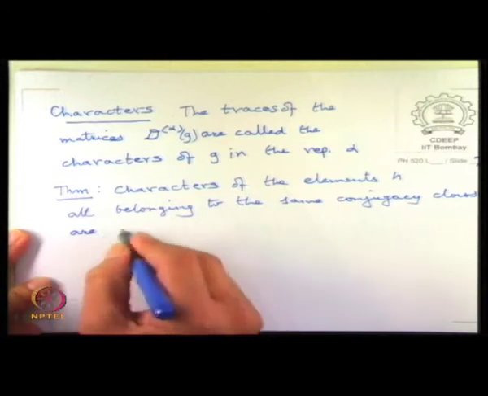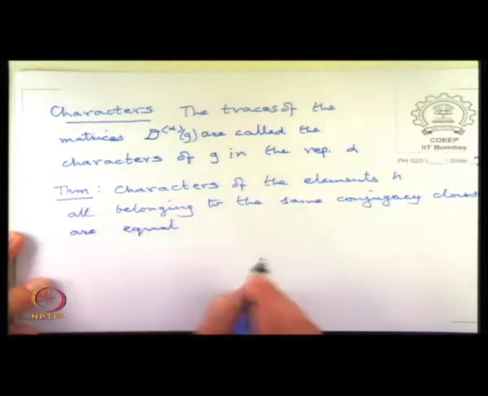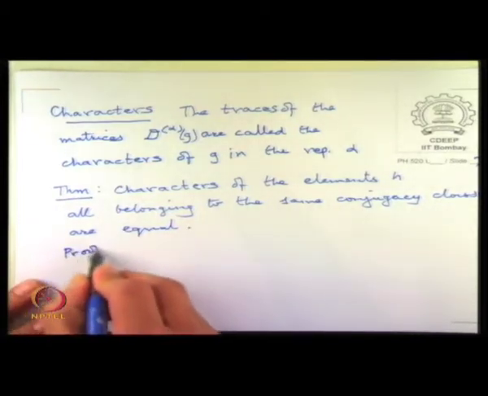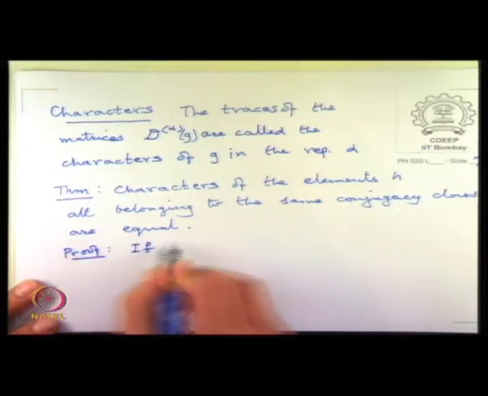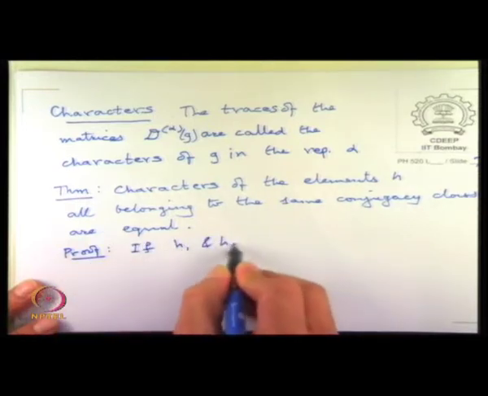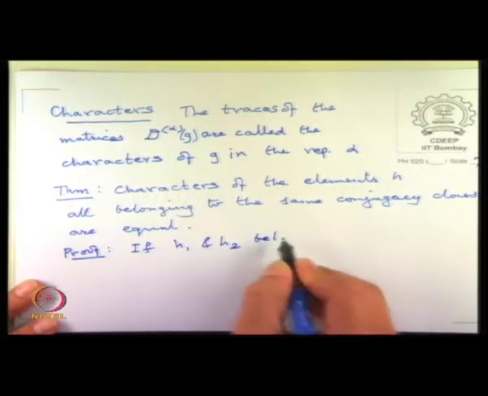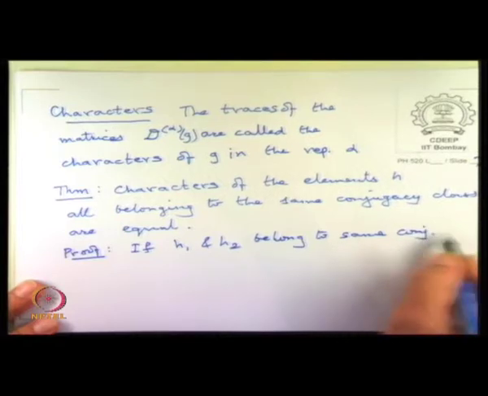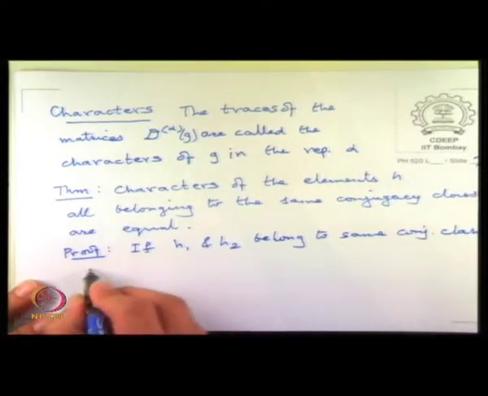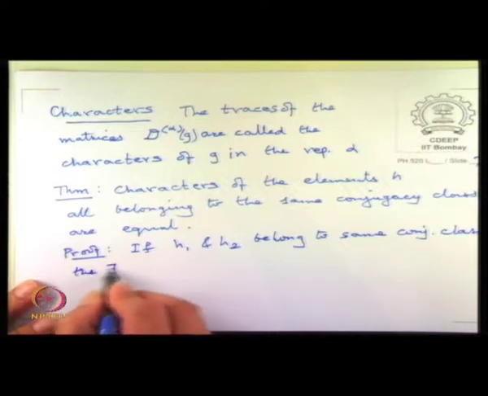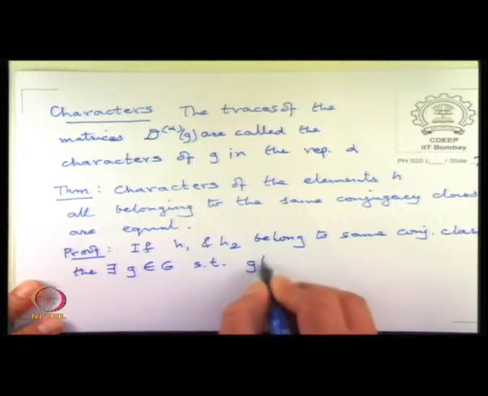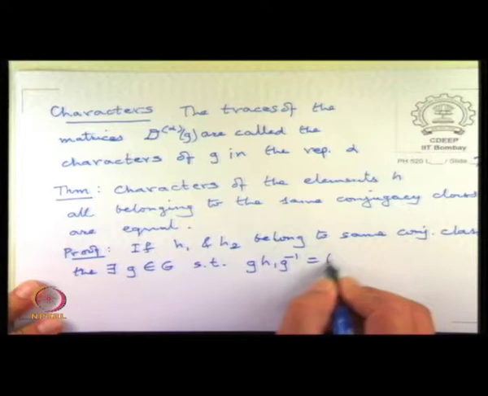are equal. This is because if H1 and H2 belong to the same conjugacy class, or are conjugate to each other, same thing, then there exists G belonging to the group such that G H1 G inverse is equal to H2.